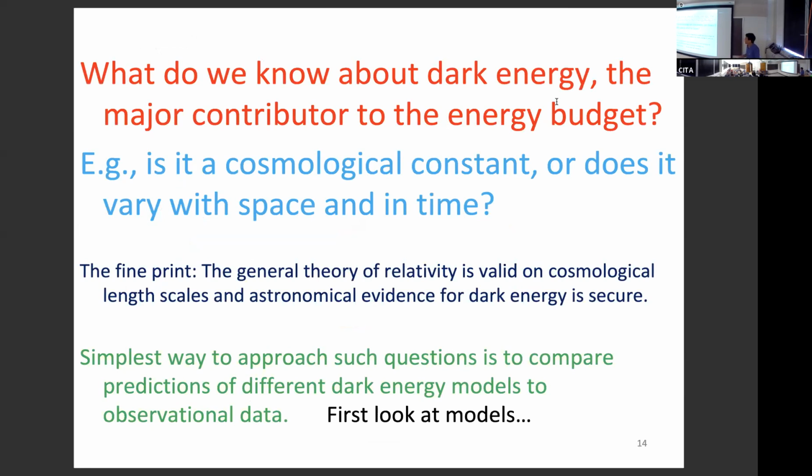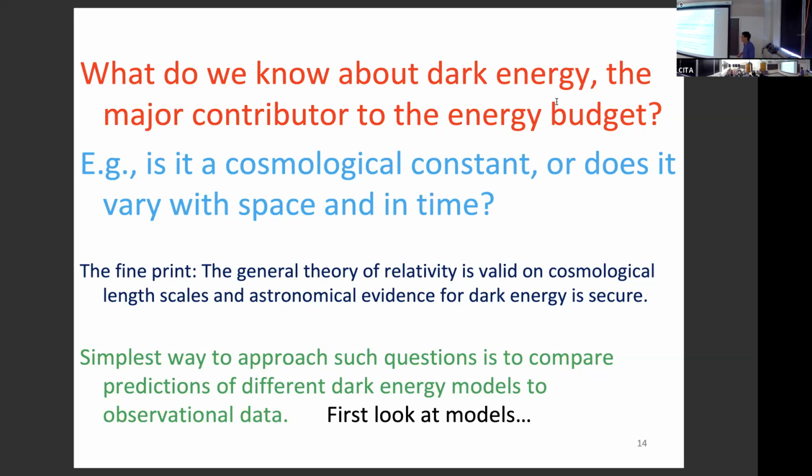And we know it's the major contributor to the energy budget, but we don't know much about it. For instance, whether it's a cosmological constant or whether its energy density varies in time. And if it does that, to be consistent with relativity, it better vary in space also. So we're kind of assuming GR is correct.